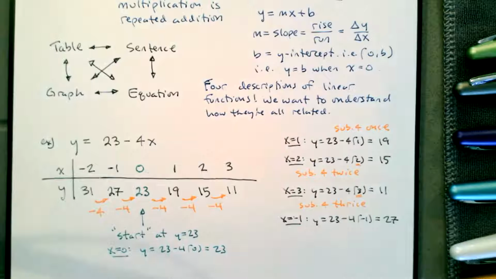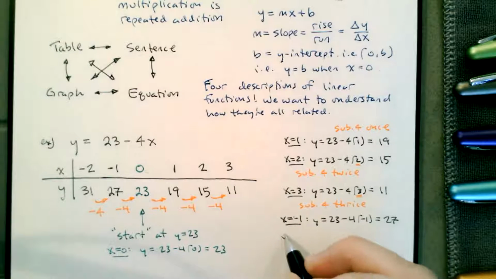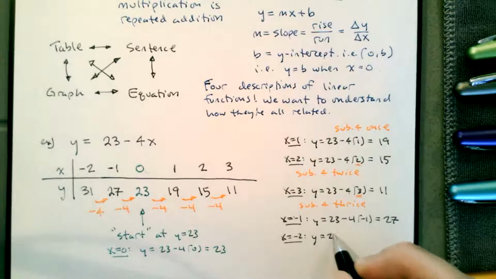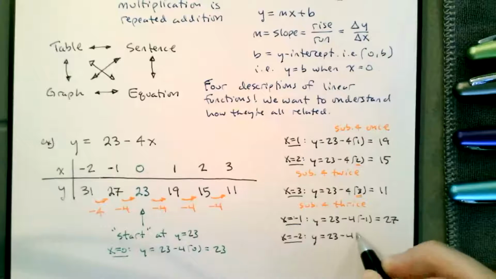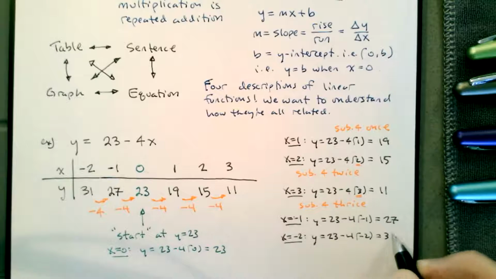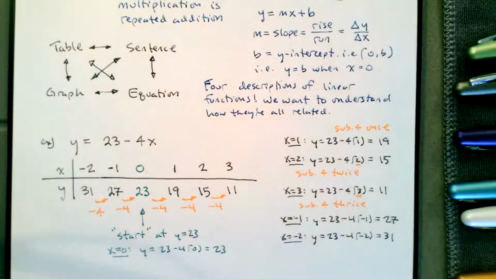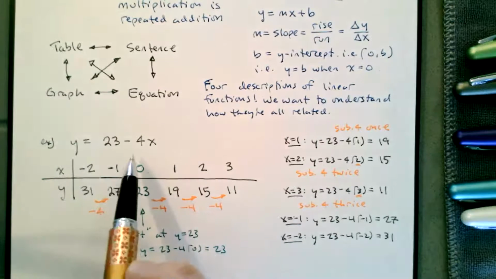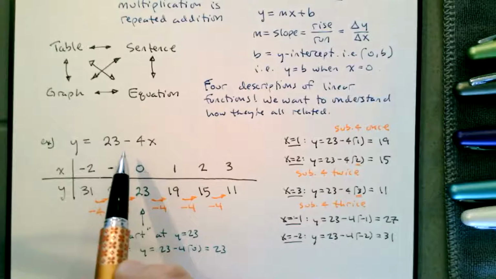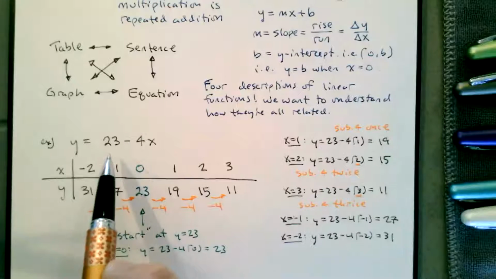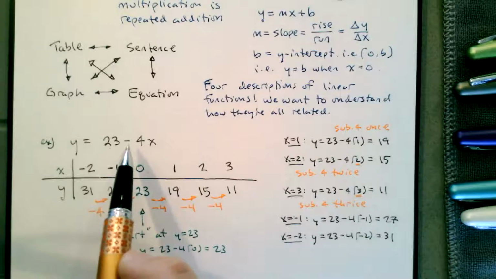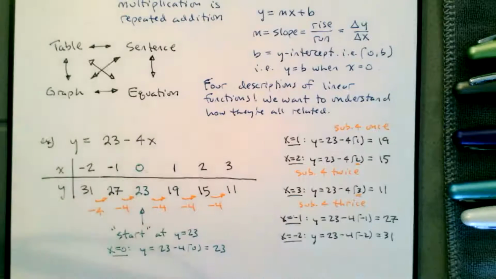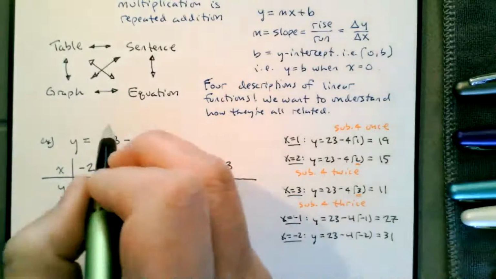These are all points that we can find by just plugging in values. But we want to go past just plugging in values like some machine. And we want to see the relationship between how the y values are changing in the table and where those changes are coming from. So what we're reading this as is: we start off at 23 and subtract 4 a bunch of times, and the x represents a bunch of times. So this equation is start off at 23.